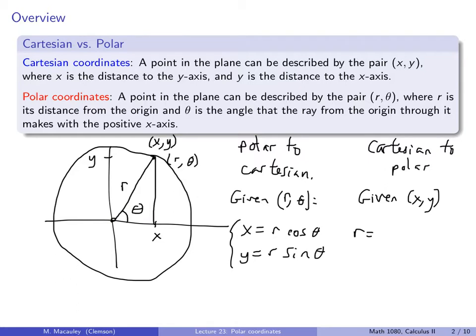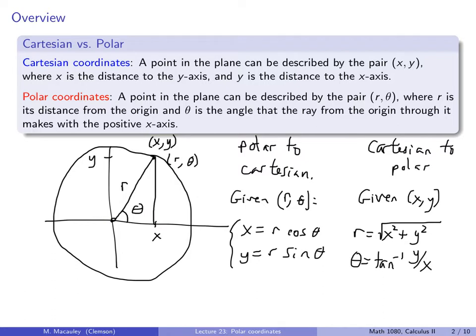And theta, if you think about it, is the inverse tangent of y over x. So theta is arctangent, or inverse tangent, of y over x.